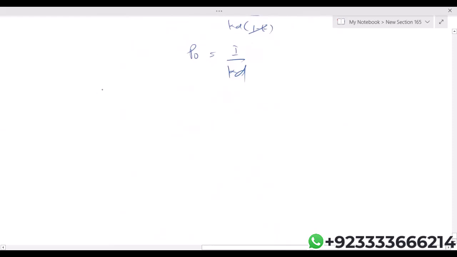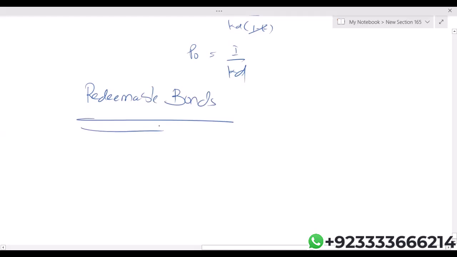Third type of bond is the redeemable bond, which is very important. Now, students, you have to listen carefully. In case of redeemable bonds, how do we calculate KD1 minus T?